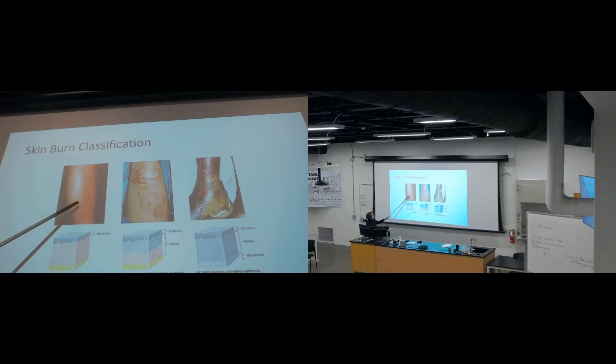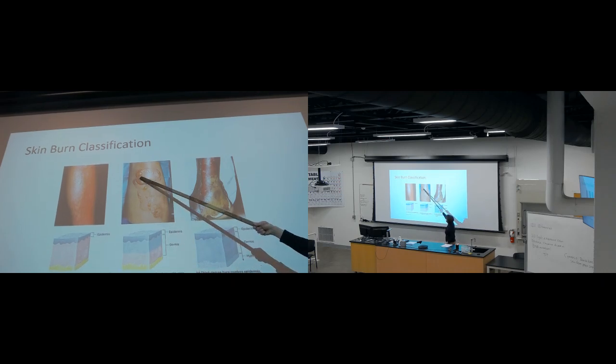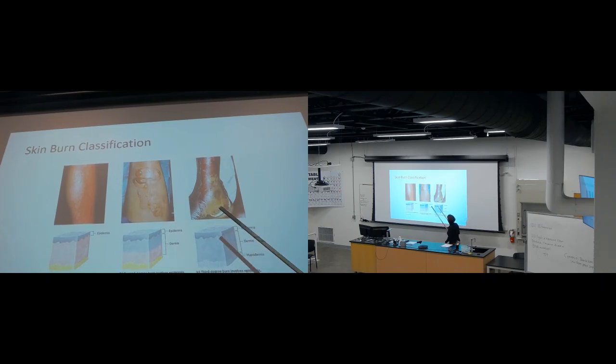So here we have an example of first degree burn, just reddishness, only affecting the epidermis. Second degree affects these two layers, epidermis and dermis, and creates blisters. And then third degree, everything down up to hypodermis or deeper tissues.